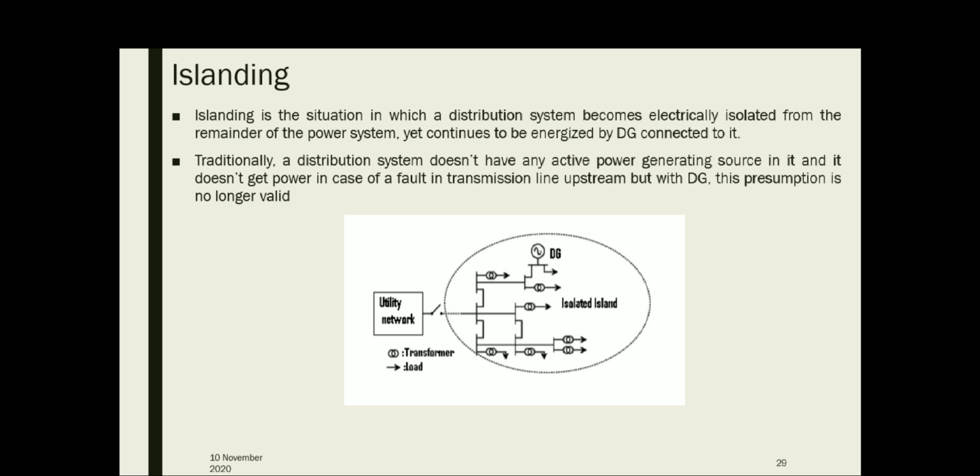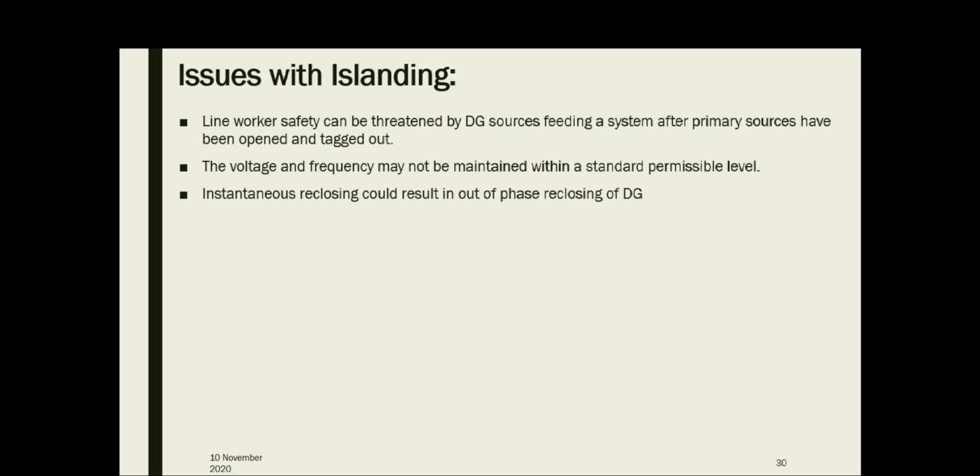If no distributed generation is connected to the grid, there is no concept of islanding, but here the DG is still feeding the utility grid. So issues with islanding should also be considered while we are designing the protective system.